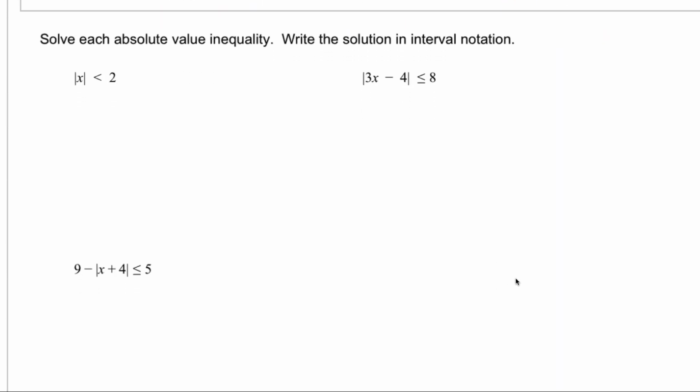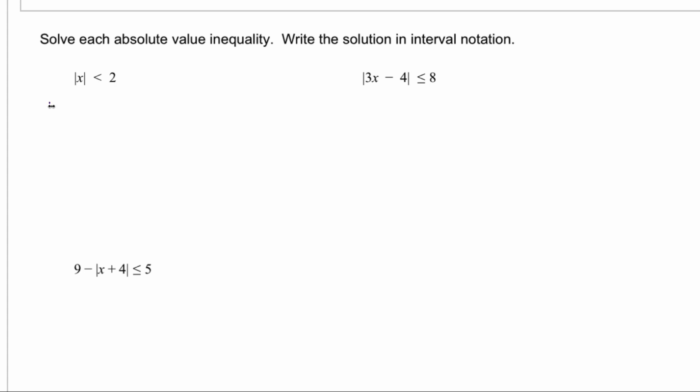Okay, so let's take a look at what this looks like without a number line, solving these algebraically. So just like when we solve absolute value equations, we had to split it into 2 different equations, and we're going to do the same thing with inequalities.